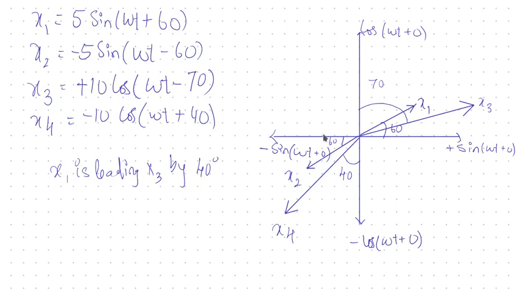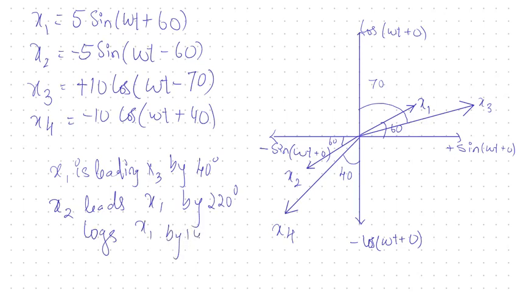And if you are comparing x1 and x2, x2 leads x1 by 60 plus 70 plus 90, 220 degrees. Or in other words, you can also say it lags x1 by 140 degrees. That's a better way. So this is how you can compare phasors.